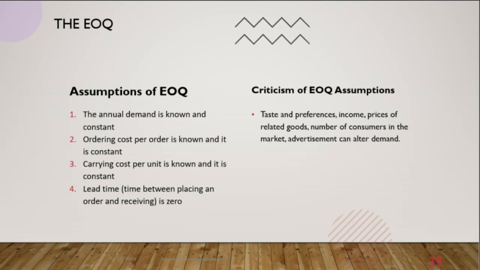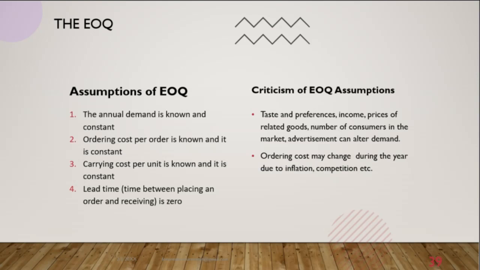Advertisement can also alter the demand for a particular good in a year. So you may not be certain that the quantity you have planned to produce is what people will buy. Then another assumption is that ordering cost per order is known and it is constant.